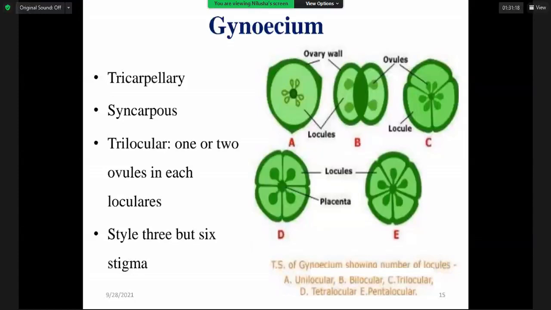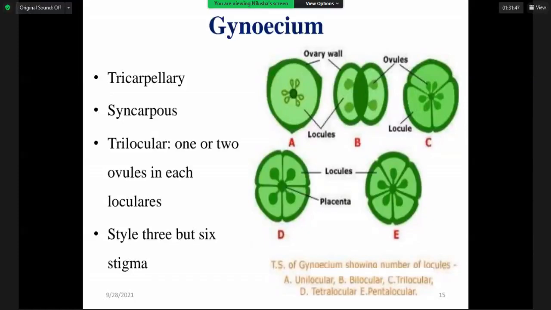And also next one is trilocular. That means they have one or two ovules in each locule within the ovary. They are trilocular.